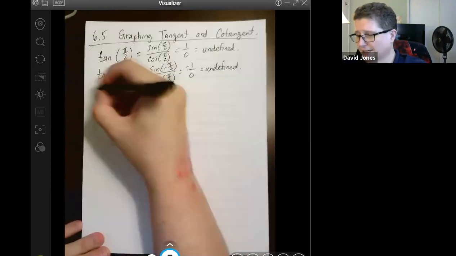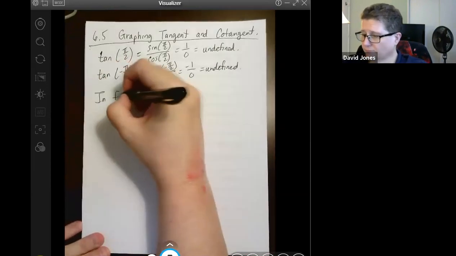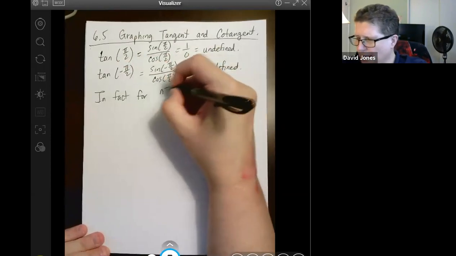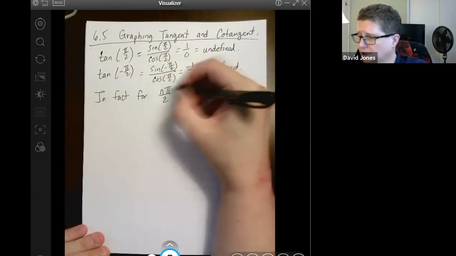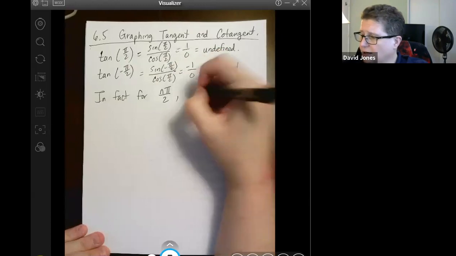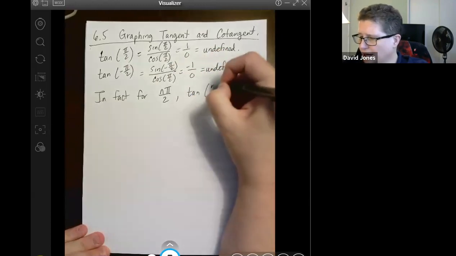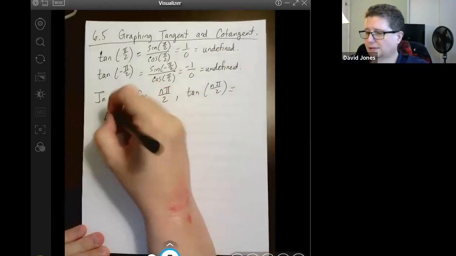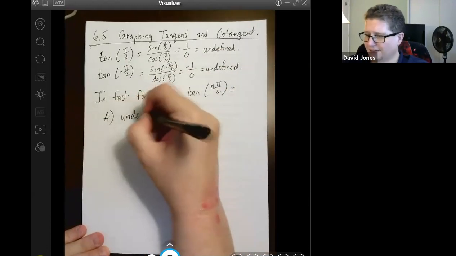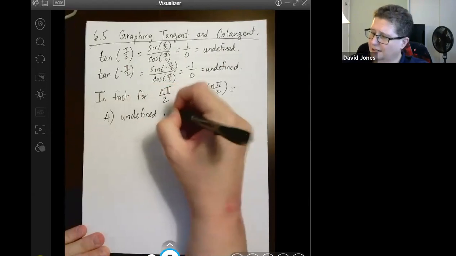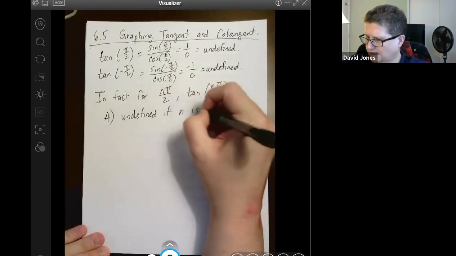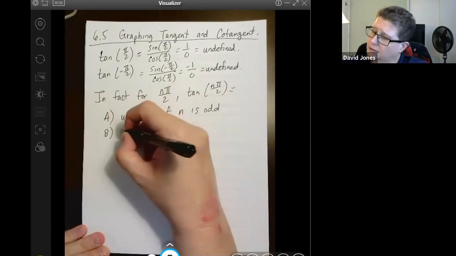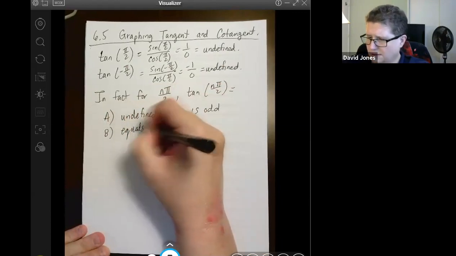In fact, for n pi over 2, tangent of n pi over 2 equals undefined if n is odd, and it equals 0 if n is even.